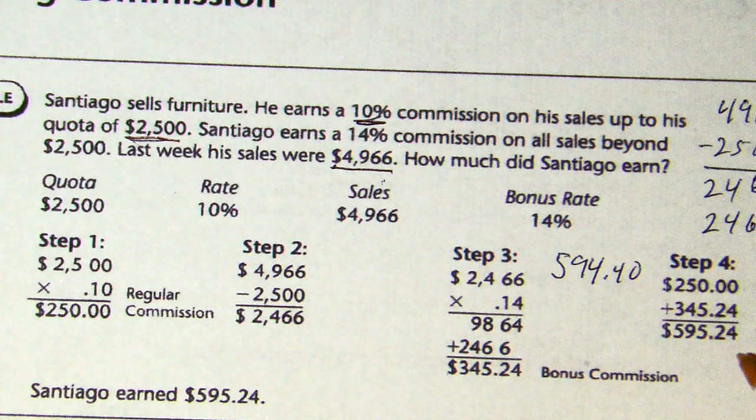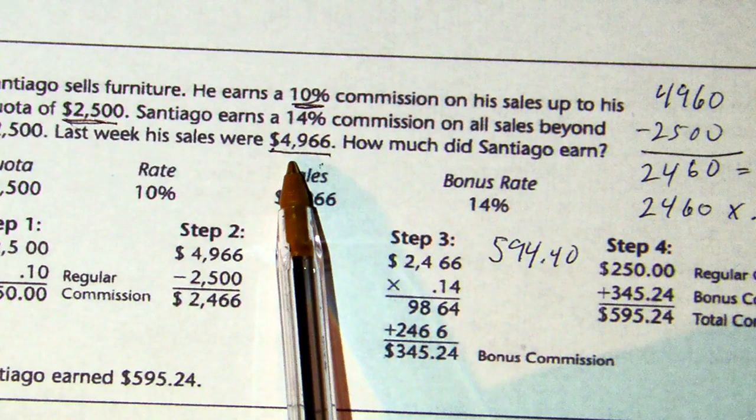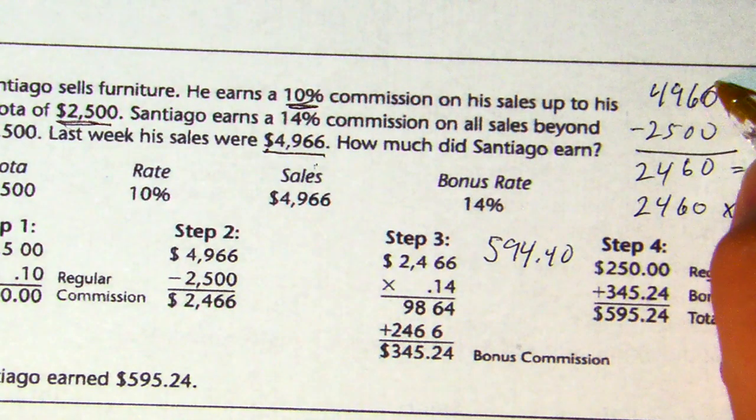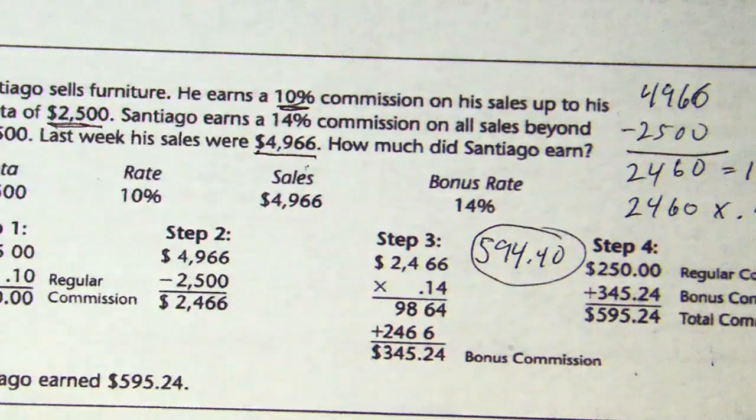Now, the reason why my answer is different is because I messed up and I said this was 4,960 when it's actually 4,966. That's why I'm like $1 off. But it's still the same way.